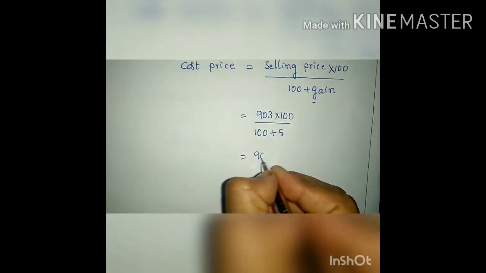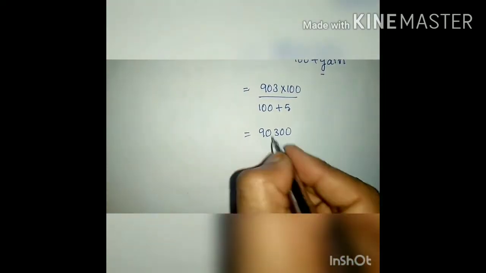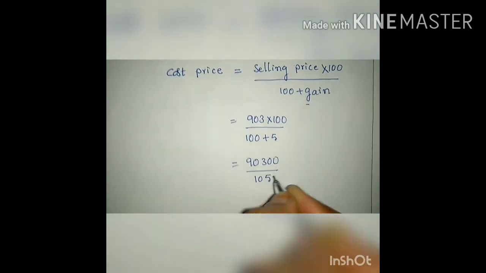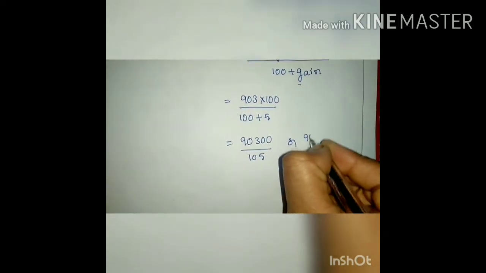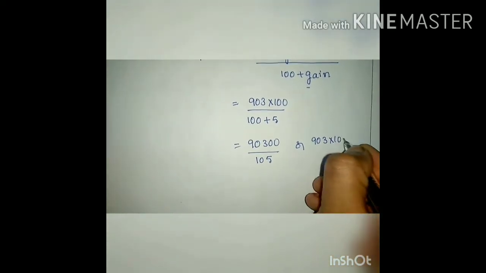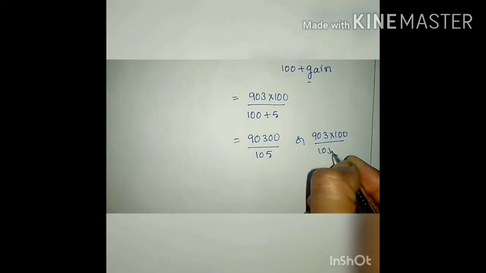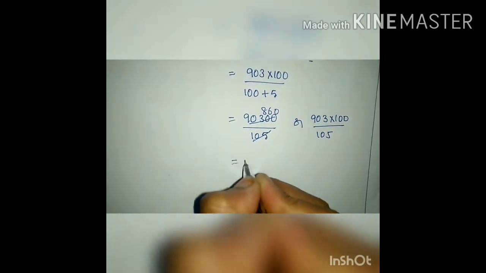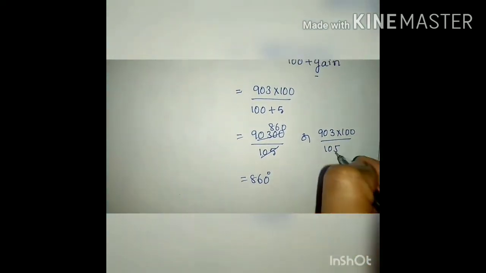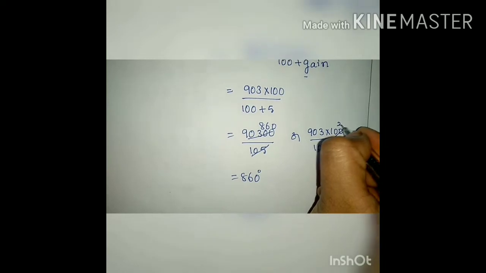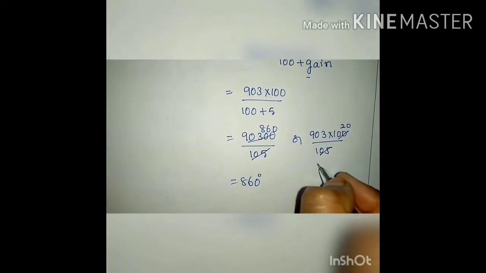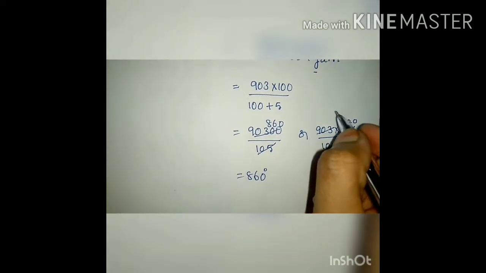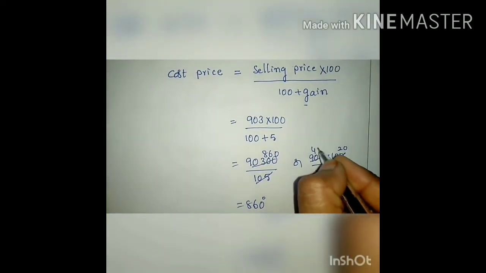So it is 90,300 by 100 plus 5, that is 105, or 903 into 100 by 105. 5 twenty-ones are 105. So in 903, 21 is possible 43 times.